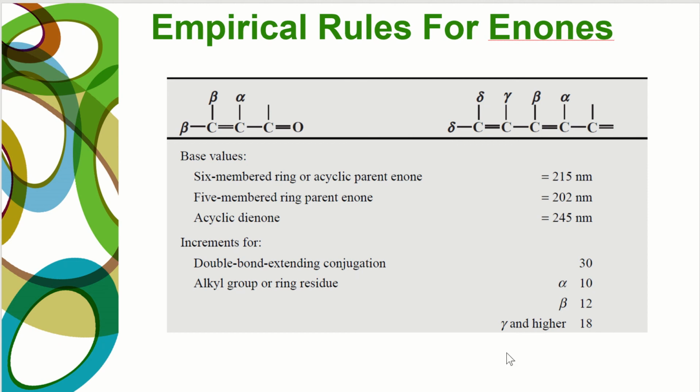So hopefully this image is a little bit clearer. It gives you two new pieces of information here: the alpha residue increment, and how to add your alkyl groups if you have an extended conjugation. So it's 10 if it's an alpha substituent, and gamma and higher is 18 nanometers.